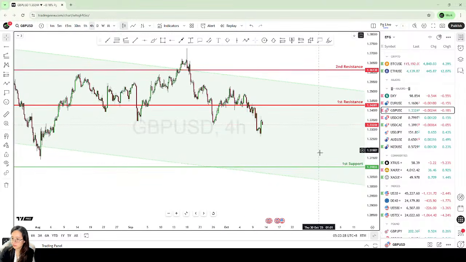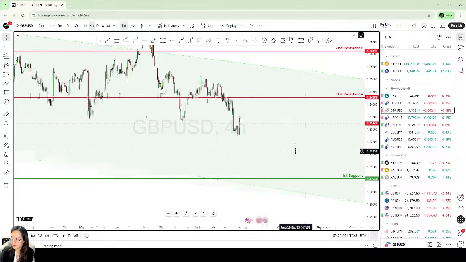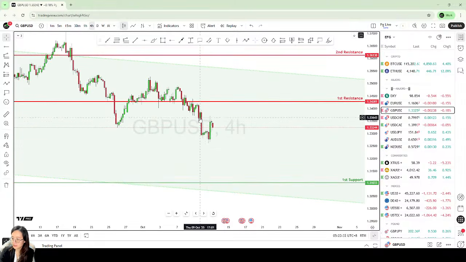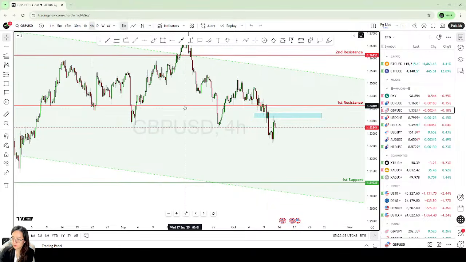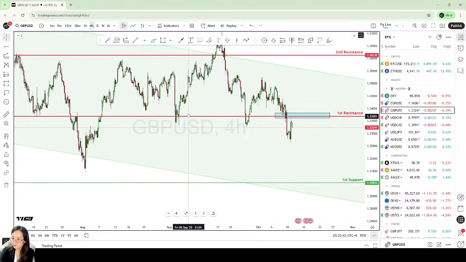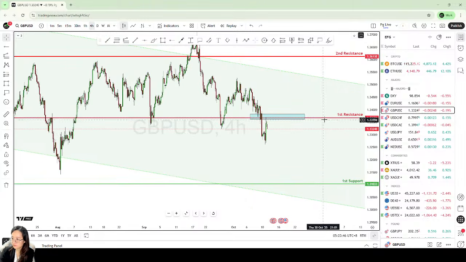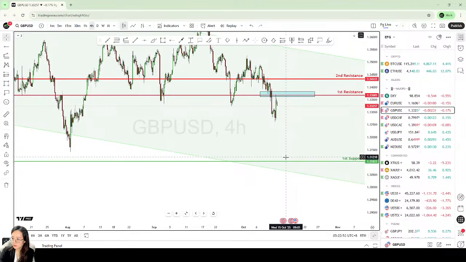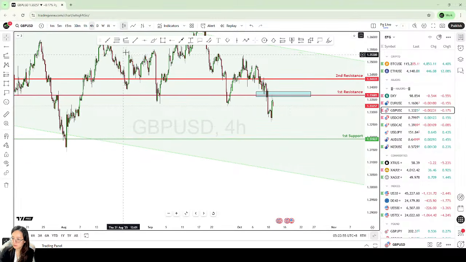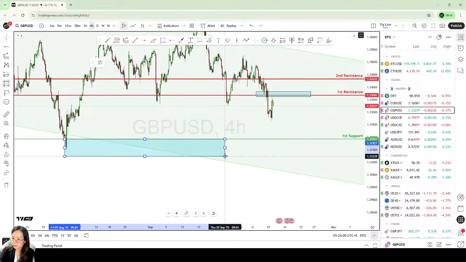Okay, let's look at H4. There's a supply zone here. That's why price is falling. So I would identify, based on this, this is the first resistance. This is going to be the second resistance level. This is going to be the first support, supported by another OB here.